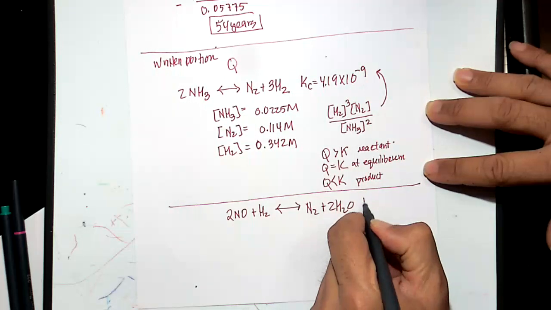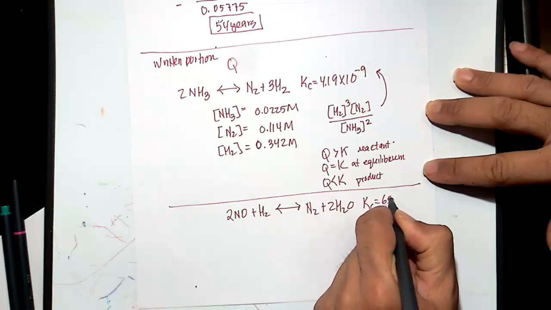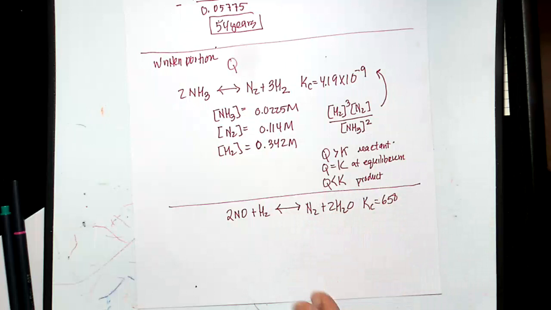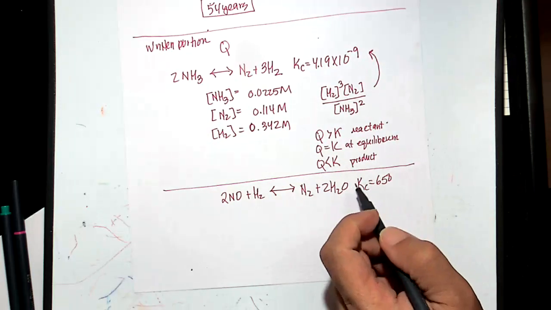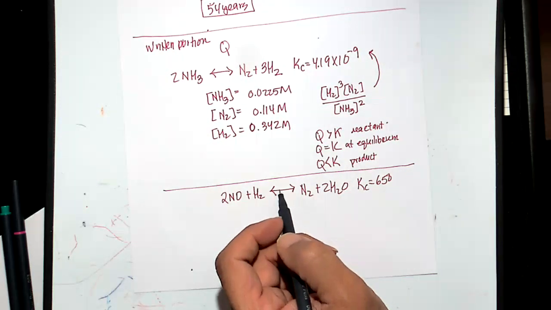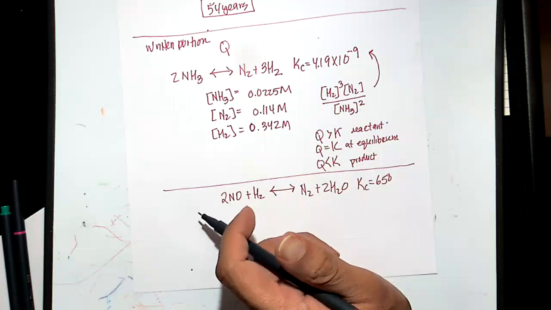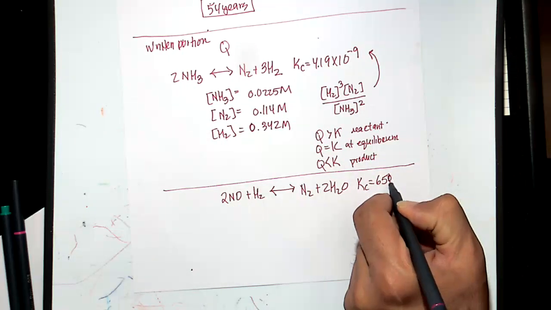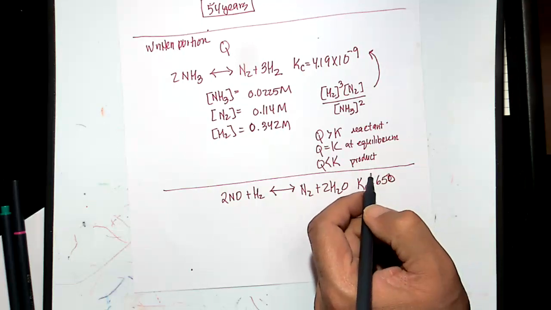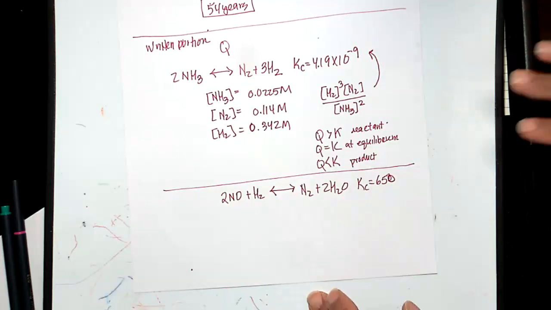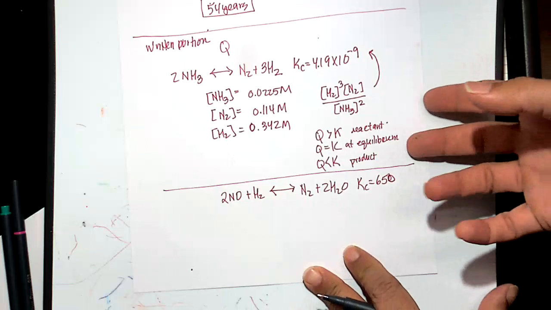And then the K for this reaction, Kc, I'll just put it, is 650. Okay. 650, which way will the equilibrium favor, product side or reactant side? 650, is it greater than 1? If it's greater than 1, it will favor the product side.